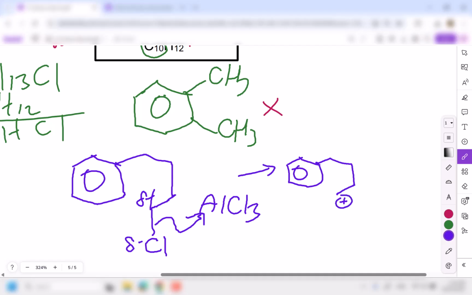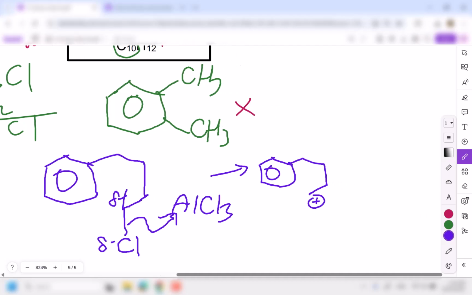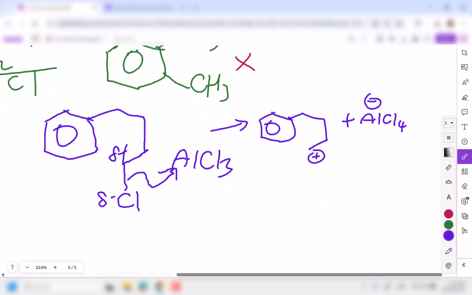Of course, this electrophile is not particularly stable because it's a primary electrophile. But given whatever knowledge you have for now, this will be the best way you can draw the mechanism, with AlCl4 minus.